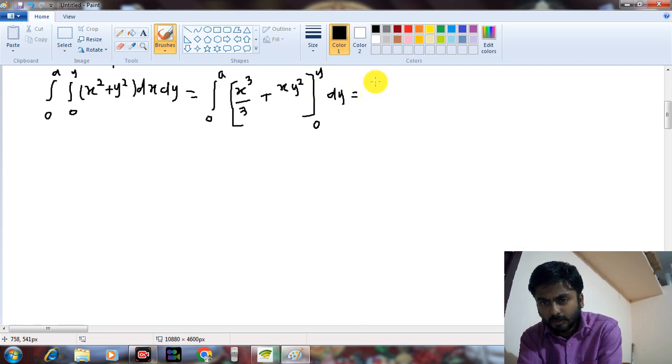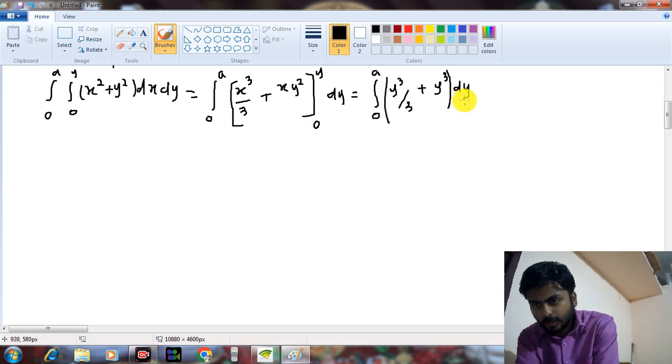So we will have the integral of y cube divided by 3 plus y cube, dy, from 0 to a.